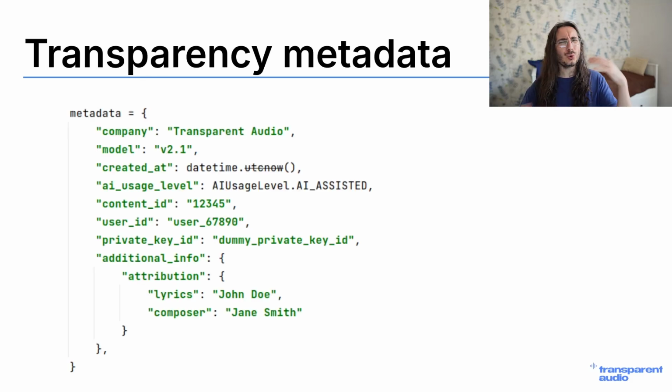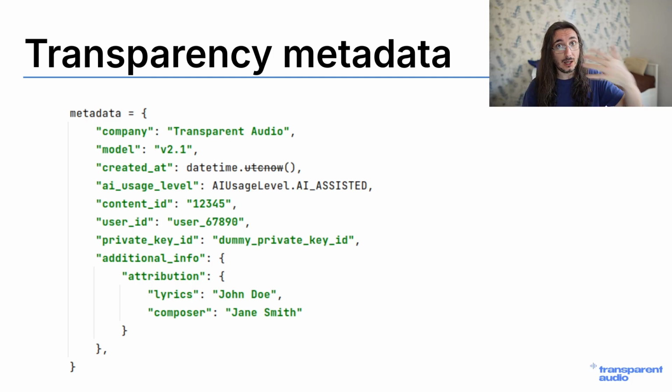Cool. We are talking about transparency metadata, but what do we mean by that? Well, we have a quite stringent definition, but it's still quite minimal. It's the minimal information that you have to provide in order to be compliant. What is that? You have to pass the name of your company, the company that's generating the audio file, the name or the version of the model, the timestamp, the AI usage level.